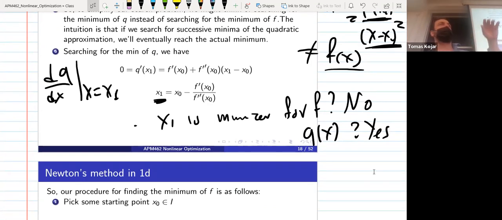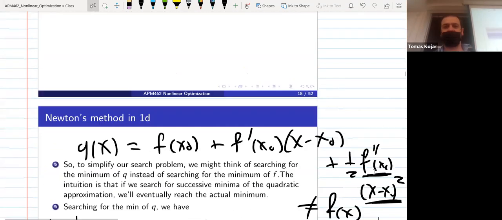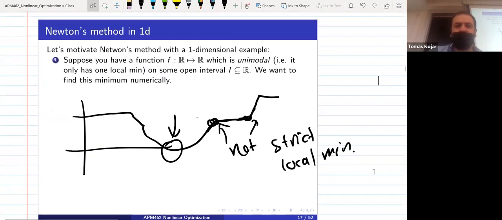I mean, the ratio will be infinite, yes. It just says that you're not allowed to start from there. I mean, that's the definition of being unimodal. It doesn't say that f prime has to be nonzero.